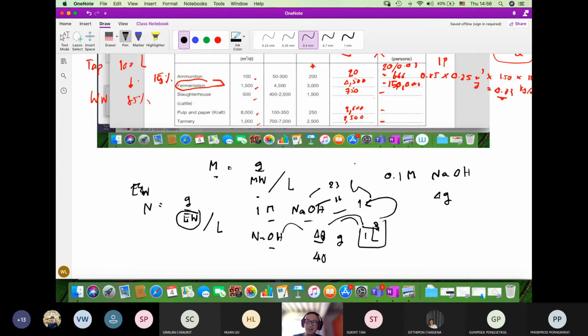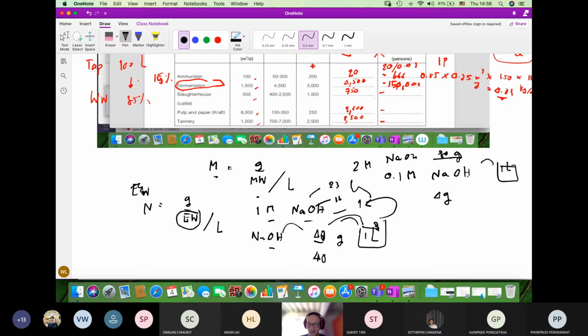How about 2 molar? You have to take 80 grams of sodium hydroxide. This is how you prepare a sodium hydroxide solution.